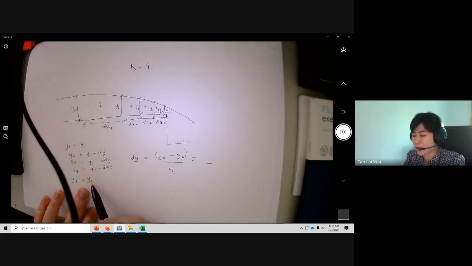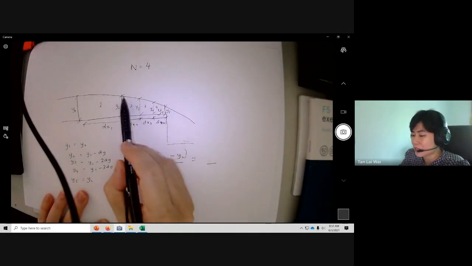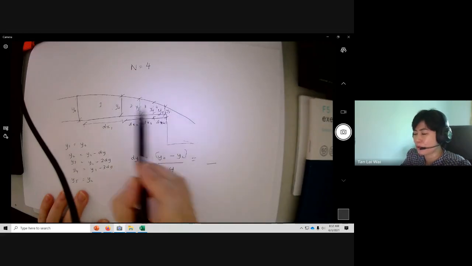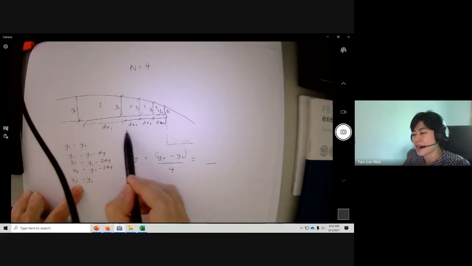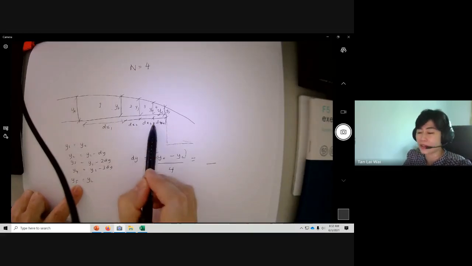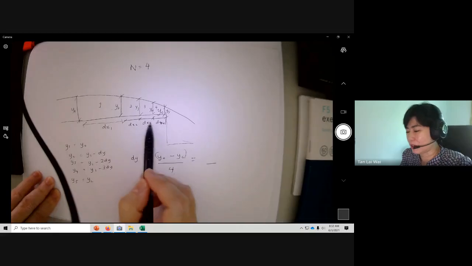Now, you are going to get back yc if you have y1 minus 4 dy. So the decrease in depth of flow would be constant. Now, our goal is to find dx, which would be the difference between all these parts.